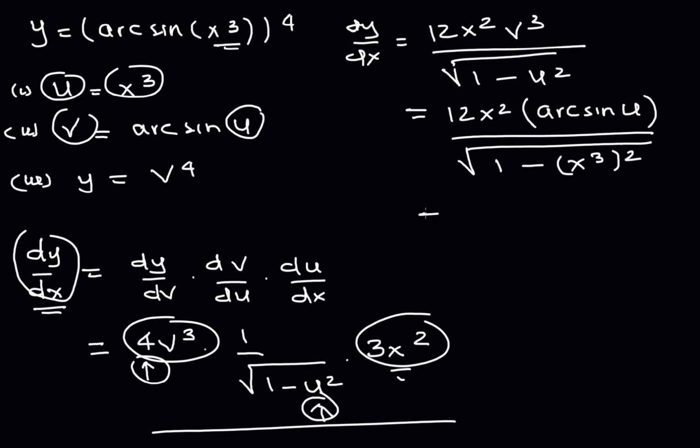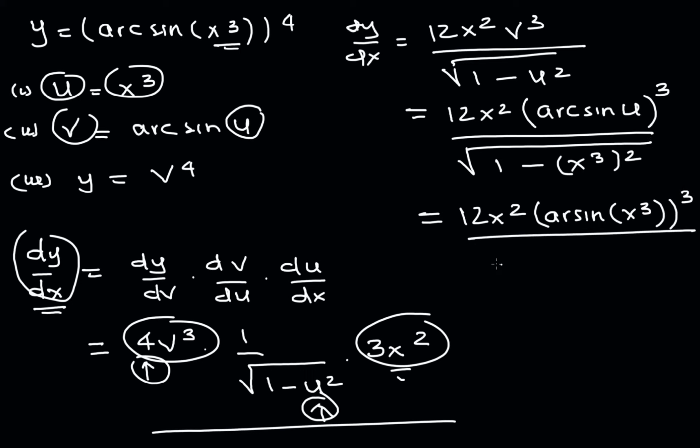So we can go to our next stage where here we said it was v^3. So here now we continue. We can say 12x^2, and then this can become arcsine x^3, we're replacing u now, and then we'll power the whole function to 3.